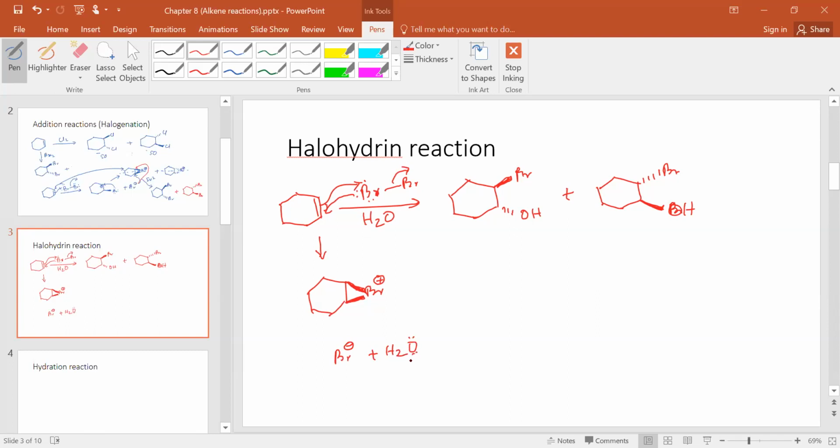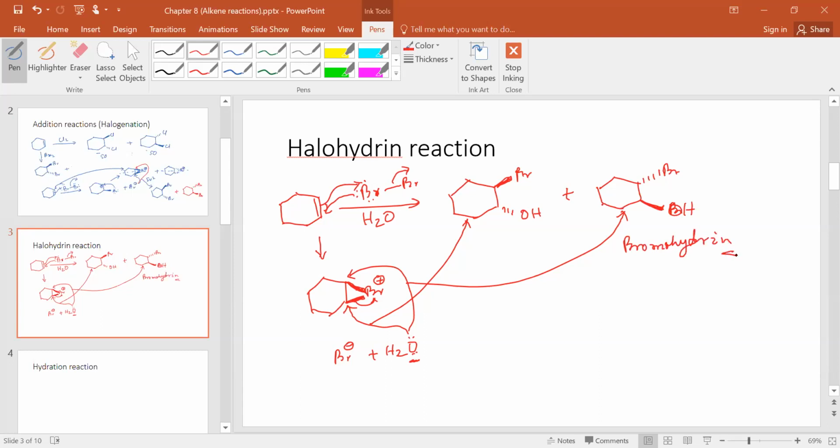Because water is a better nucleophile, it will react at this carbon or this carbon, and this product will form or that product will form. So this is bromohydrin. We actually need just one bromine; the other leaves as a leaving group.